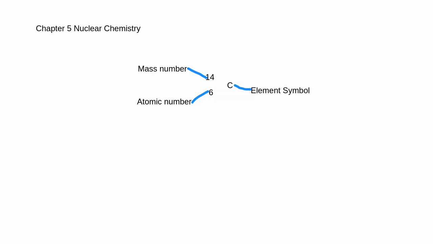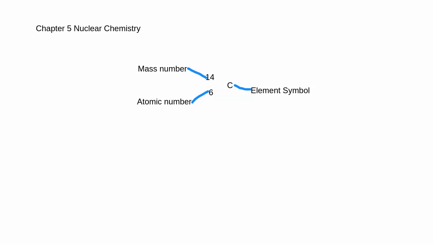With your positron, your atomic number will go down by 1, but your mass number won't change, because again, it was that neutron that helped produce that positron.